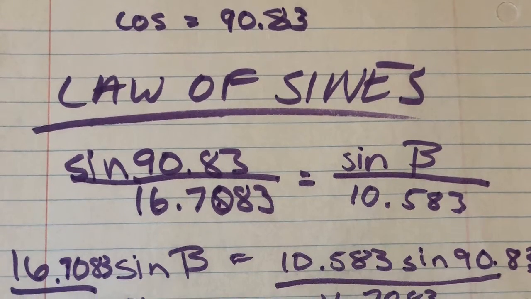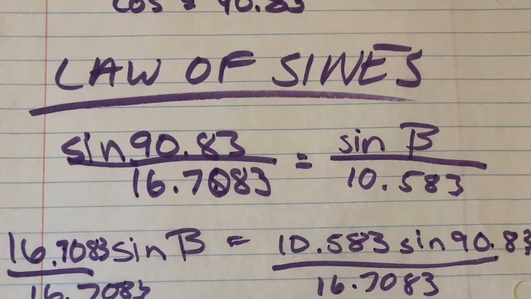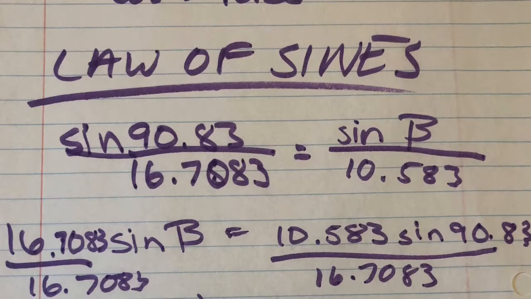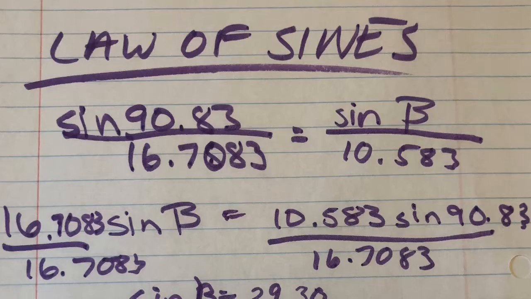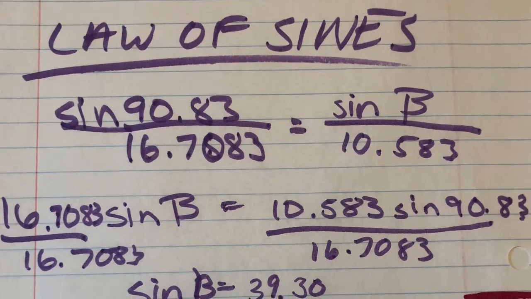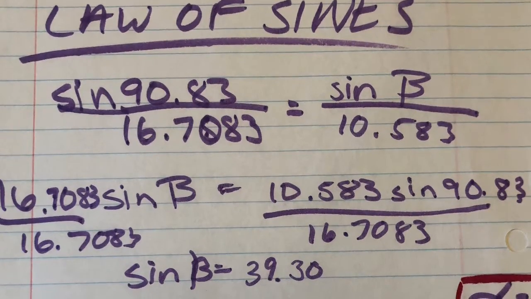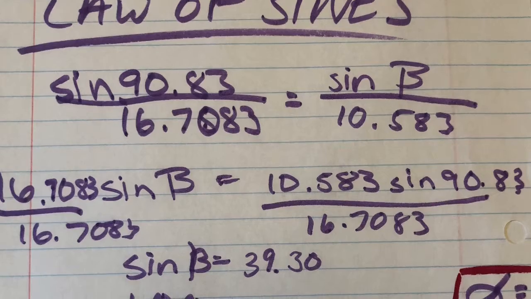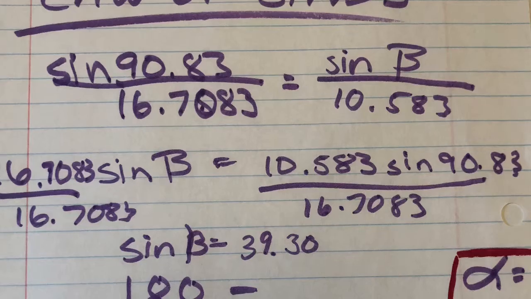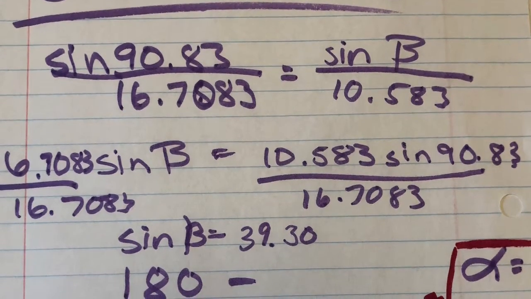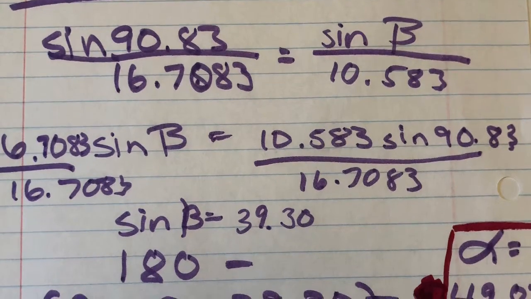We will first find the measure of angle beta, so we will put the sine of gamma, which is 90.83, over the side length of C, which is 16.7083, and put that equal to the sine of beta over 10.53, which is the length of side B. You then want to divide both sides by 16.7083 and solve the rest using your calculator. To find the measure of angle beta, you would need to use the inverse function.